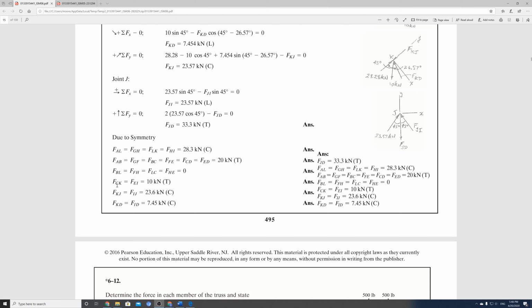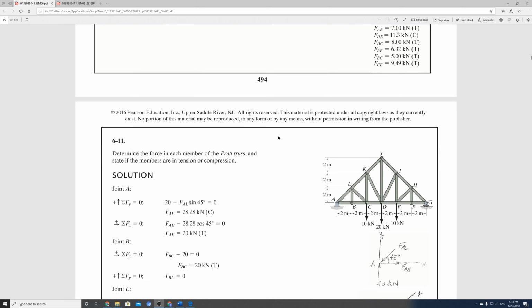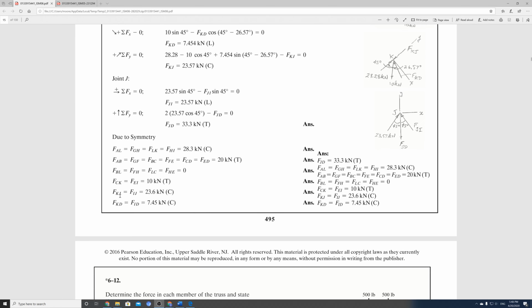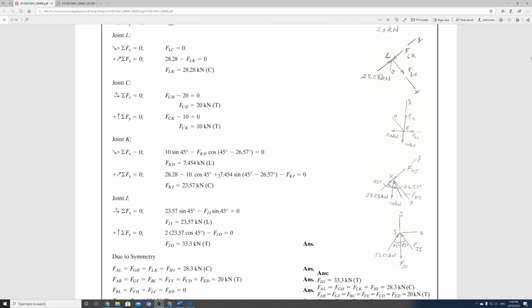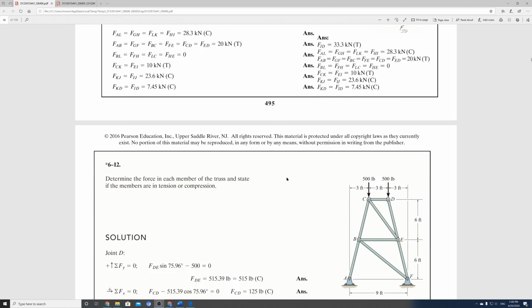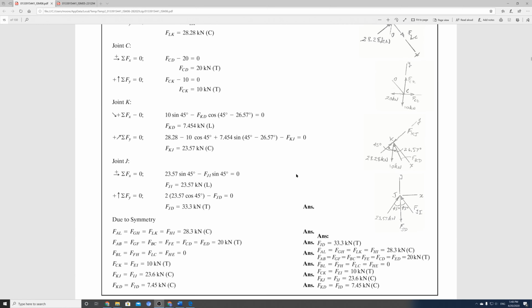Then CK is the same as EI over here. JK, we did those. KD and ID. So KD is the same as ID, due to symmetry. And that's it. That's the end of this particular problem.